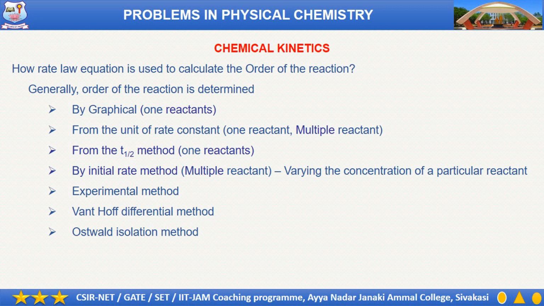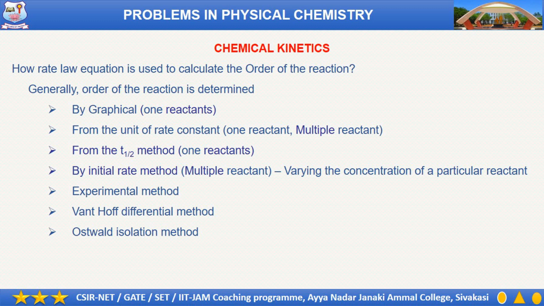Therefore, four types of problems may be asked from the initial rate method. And the fifth method is the experimental method. The experimental method is a simpler method you have carried out in your PG program course, the determination of the rate constant for ester hydrolysis and so on. Sixth is the van 't Hoff differential method.